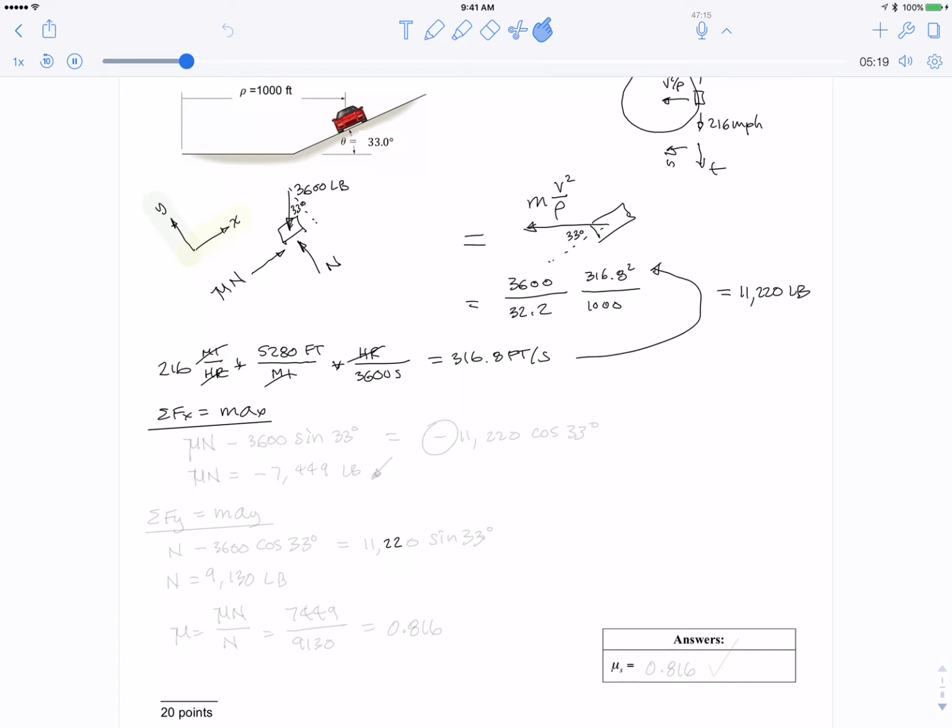Okay, so just taking along the x direction, this direction here. Okay, we're going to get, oops, let's do the y direction first. I'm sorry. Y direction first. Oh, you know what? We'll just do x first, since I already wrote it down.